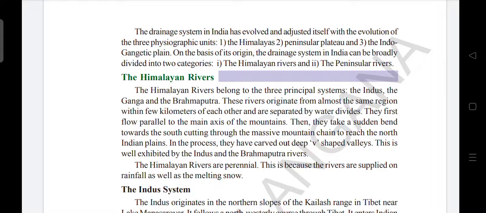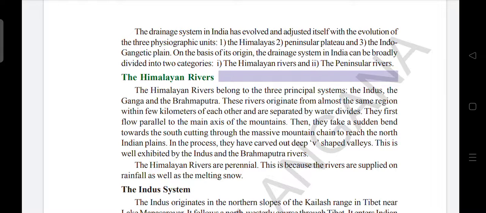Means when they flow for some distance, because of the ups and downs of the land, they get divided. So they first flow parallel to the main axis of the mountains. When the land is up and down, there will be a division of water. So till the main axis of the mountain, they flow parallelly: Indus, Ganga, and Brahmaputra.